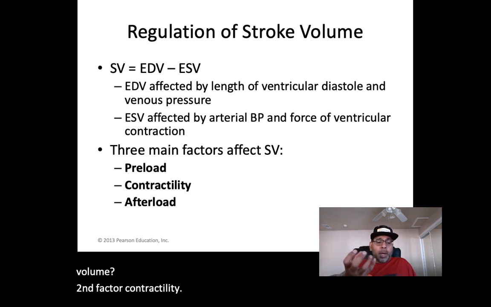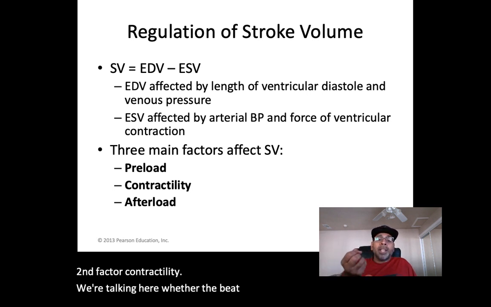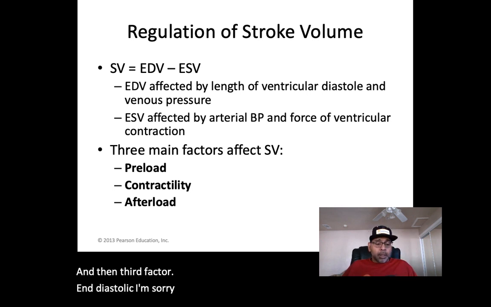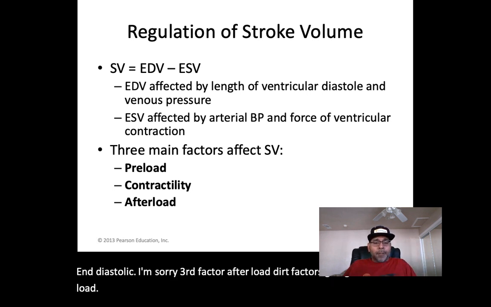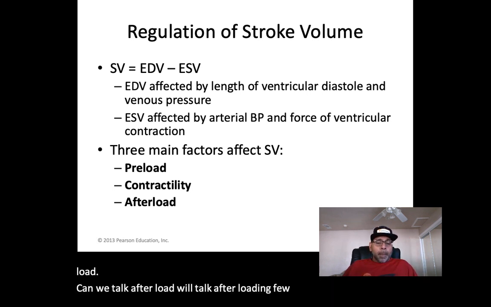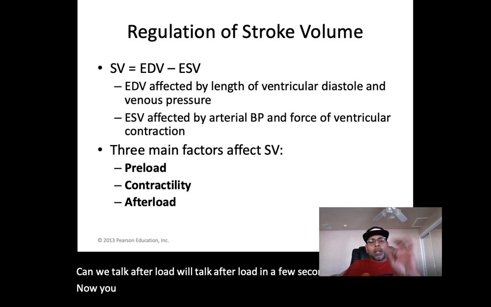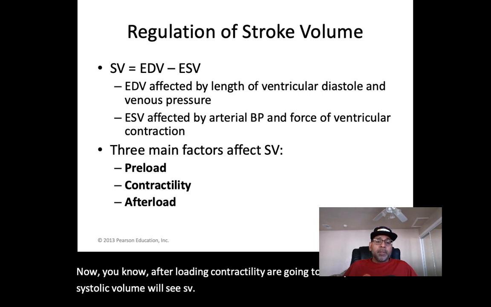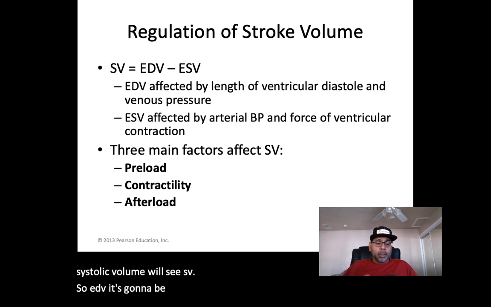We're talking here whether the beat is strong or it's weak. And then third factor, afterload. We'll talk about afterload in a few seconds. And I want you to know, afterload and contractility are going to really affect end systolic volume, ESV. So EDV is going to be more affected by preload.